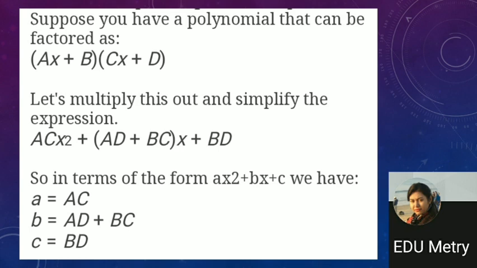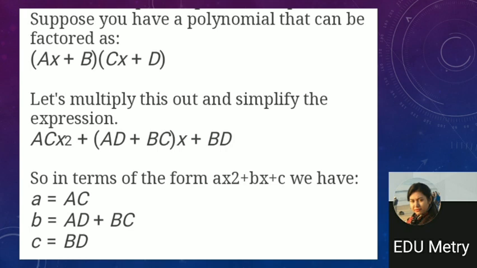Suppose you have a polynomial that can be factored as (ax + b)(cx + d). Let's multiply them and see what we are getting. We are simply getting an expression in quadratic form like acx² + (ad + bc)x + bd.